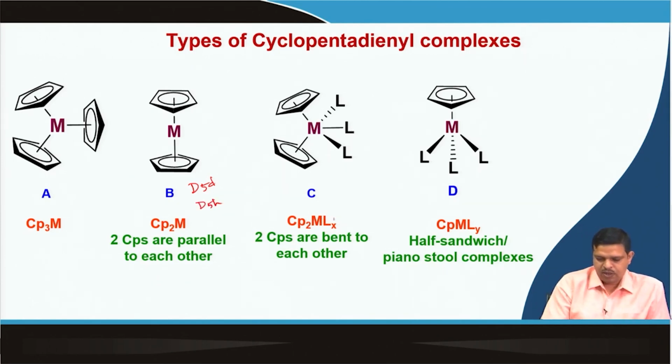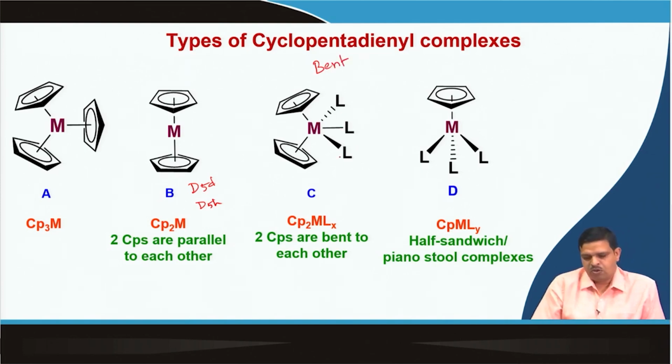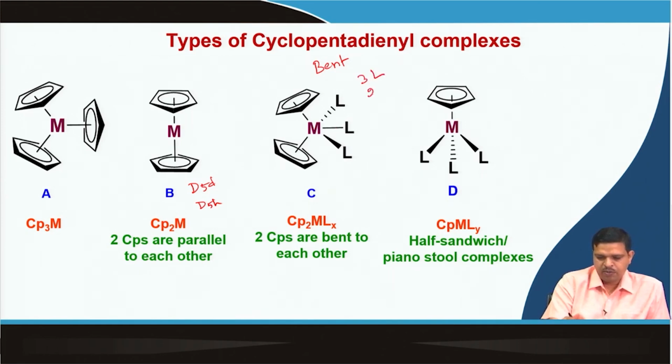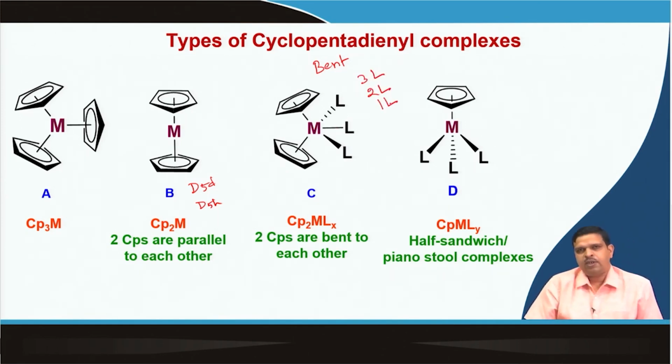This is the bent metallocene, and the number of L may be 1, 2 or 3, depending on the metal centers and oxidation state. And this is the half sandwich complex, also lovingly called the piano stool complex.